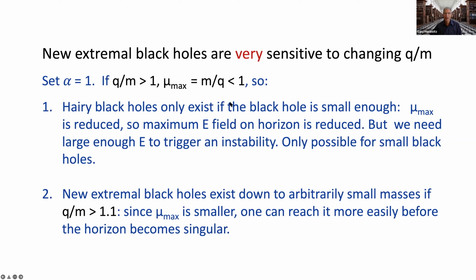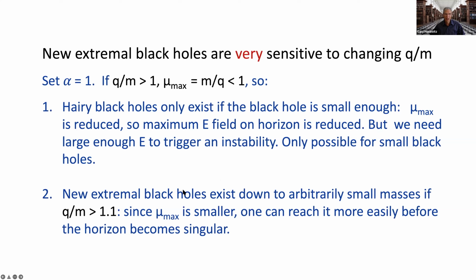So these hairy black holes only exist if the black hole is small enough. We've reduced the maximum mu, so that means we've reduced the maximum electric field on the horizon, but you need a large enough E to trigger the instability, and that's only possible for small black holes.